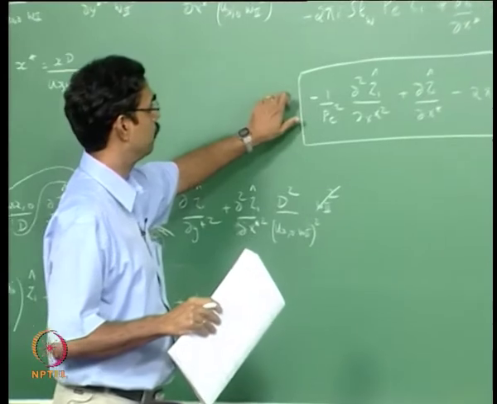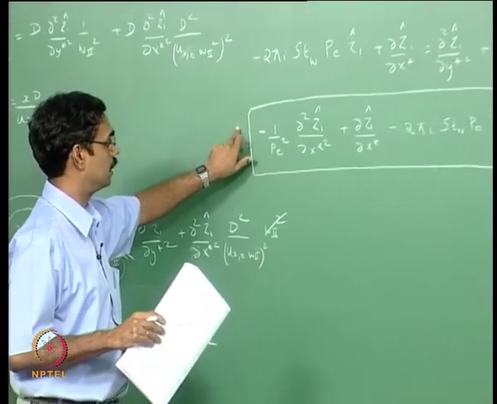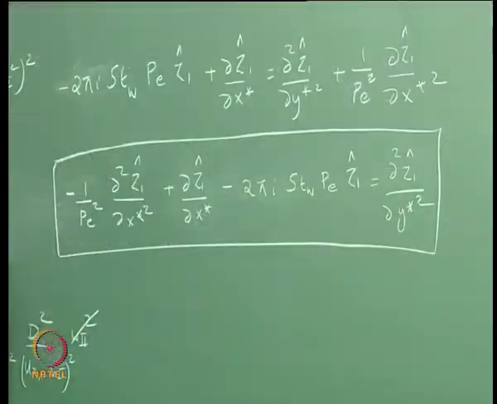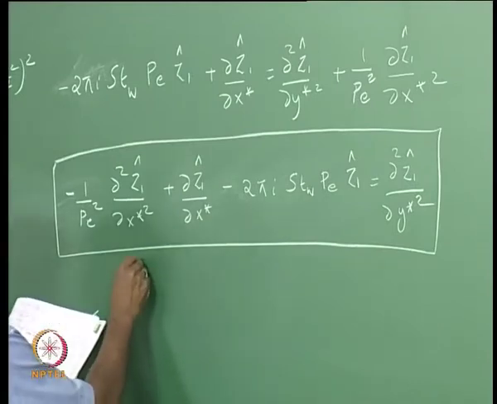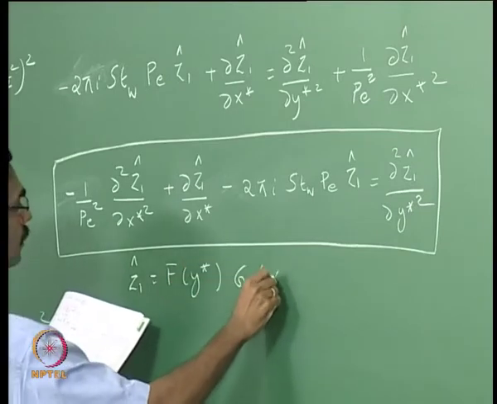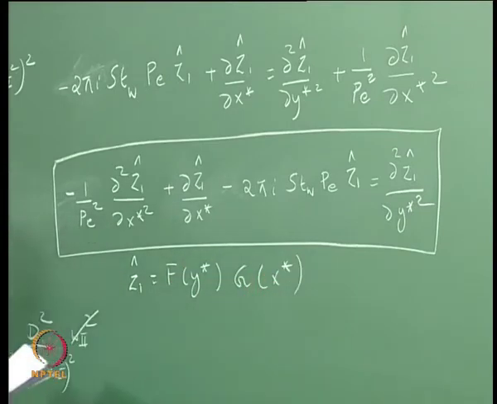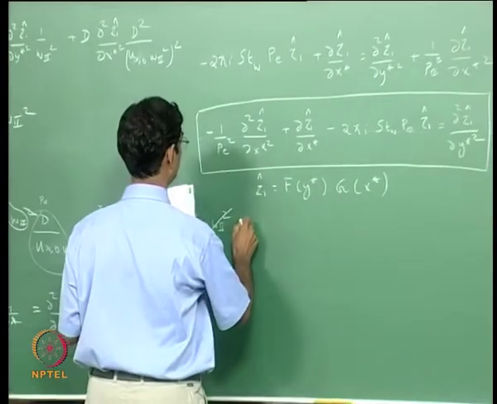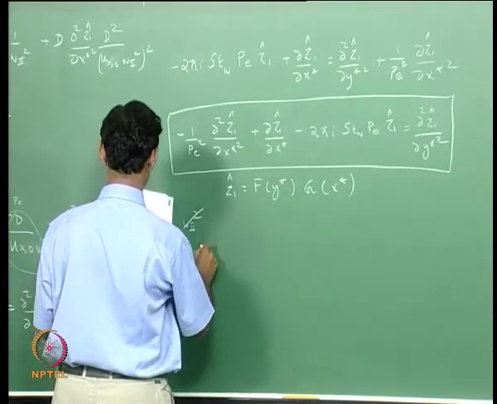So if you club all the x star terms to one side, you would get this equation. So what we can do is to solve it by separation of variables. So we say z1 hat equal to f of y star g of x star. Substitute in here, you will get, I think by now you must be experts in this.